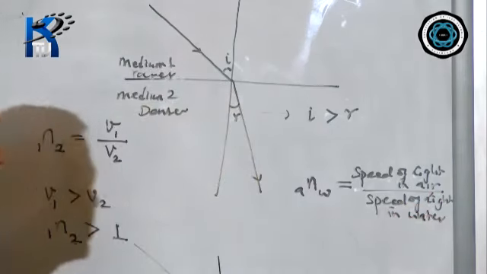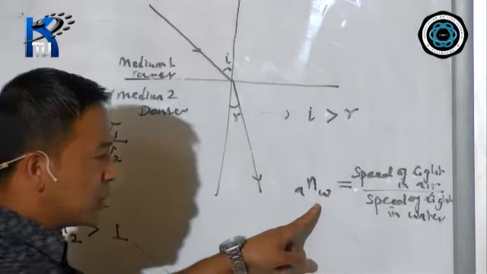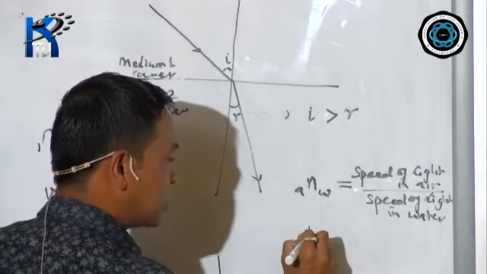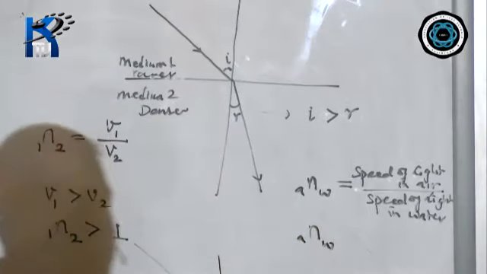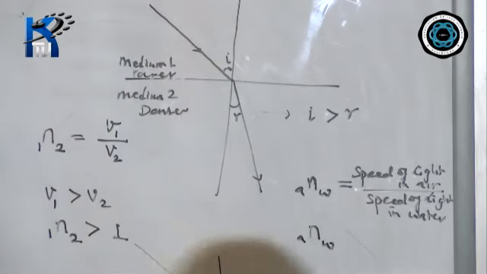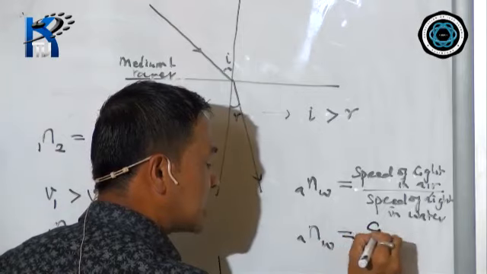So if you look at this relation, refractive index of water is dependent upon the speed of light in water. That means refractive index of any medium. I am taking water, but not necessarily, it can be any denser medium with respect to rarer medium. So this is simply written as C by B.